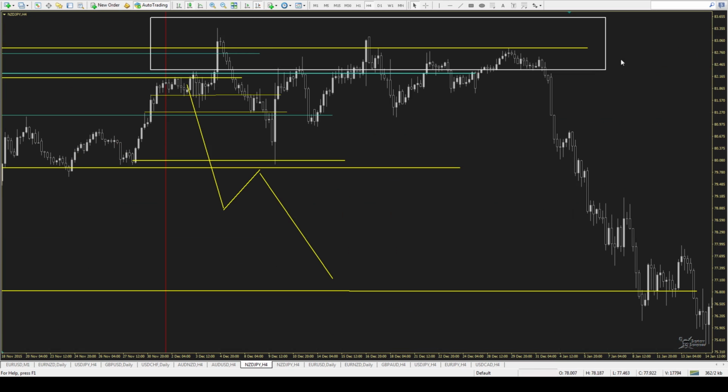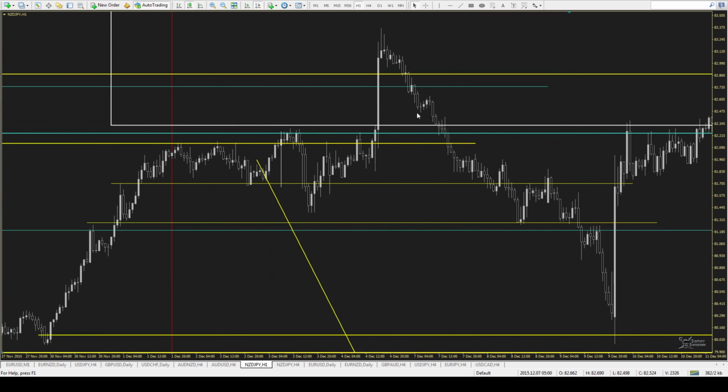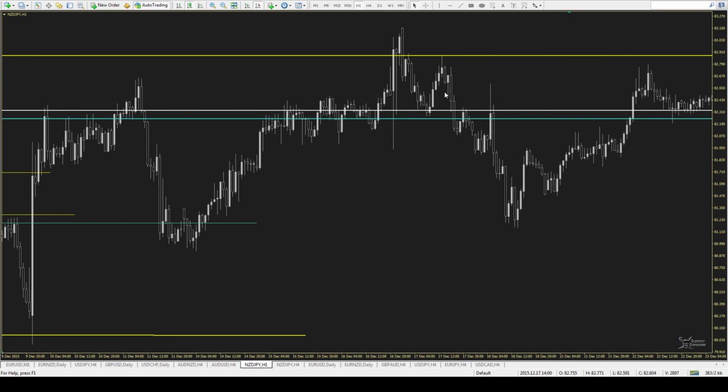Come across, there we go. We might have to go down a little further even. All right, come down to here. There it is. And the reversal patterns start to come out quite nicely.